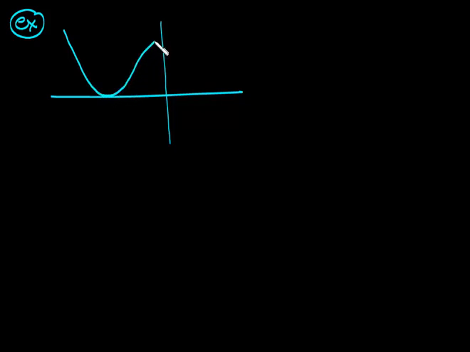Let's do one more example. So let's say if I have a graph like this. So let's say this point here is -3, 0. This point here is 0, 4. And this point here is 2, 0.